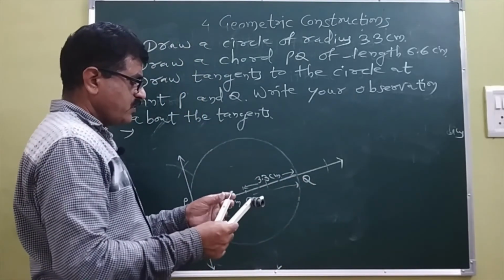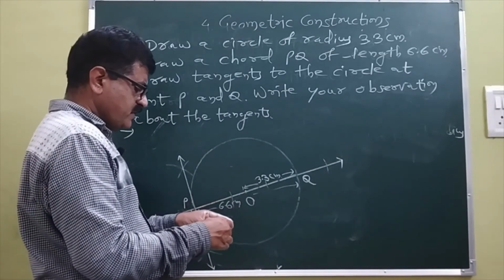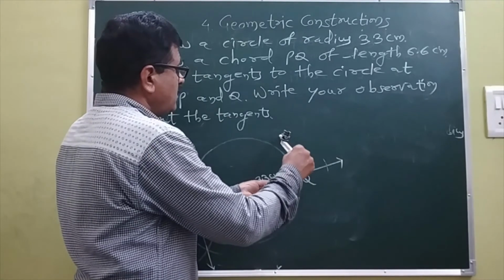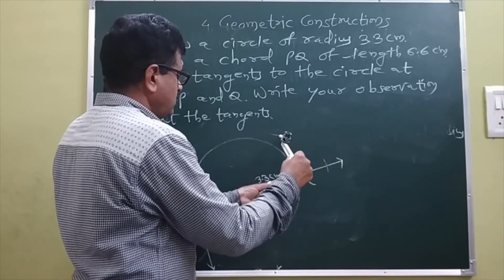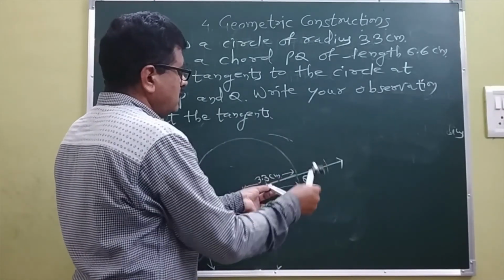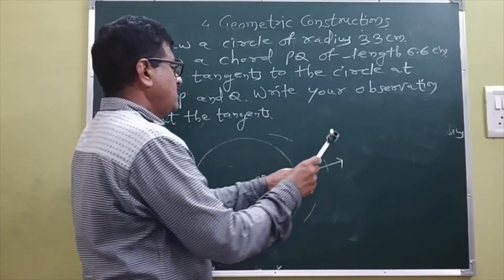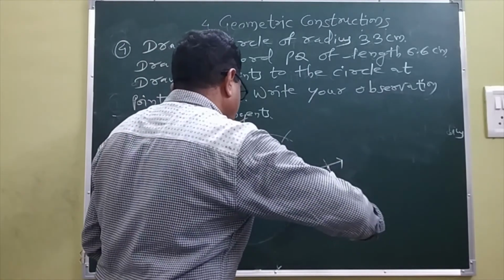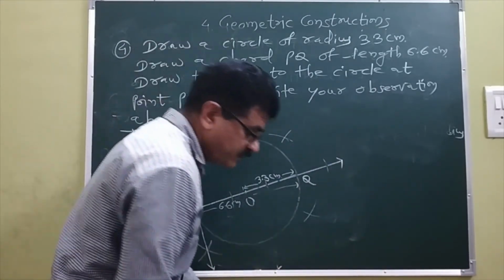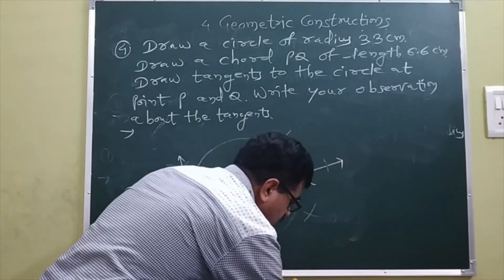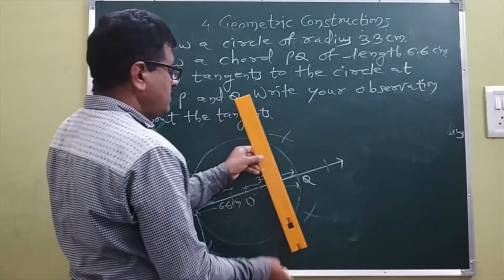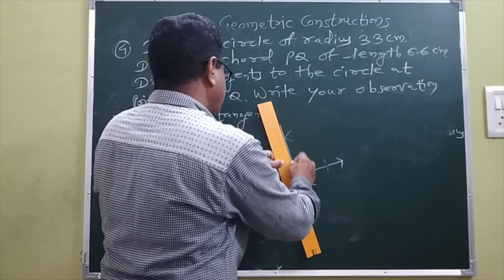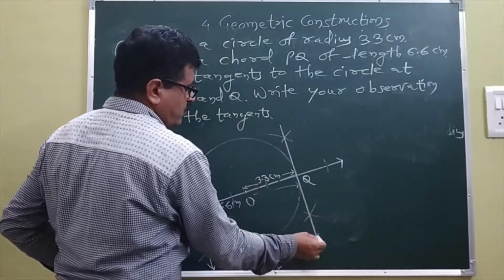Now taking more than half of this distance, draw arcs above and below this. Put one point of the compass here and draw its intersecting points. Now join these points, and we get a tangent passing through point Q.